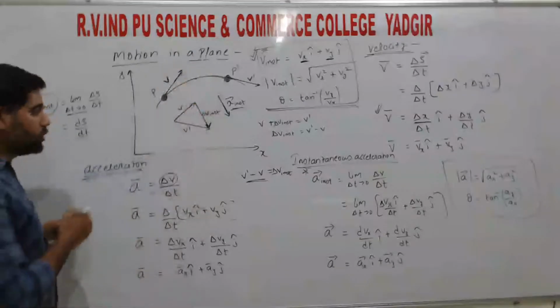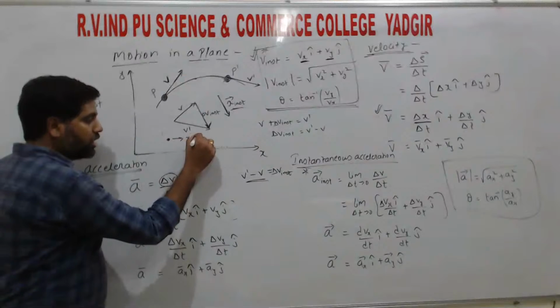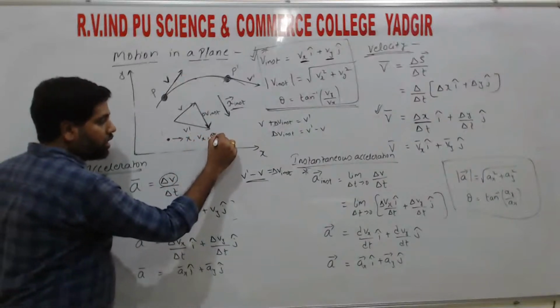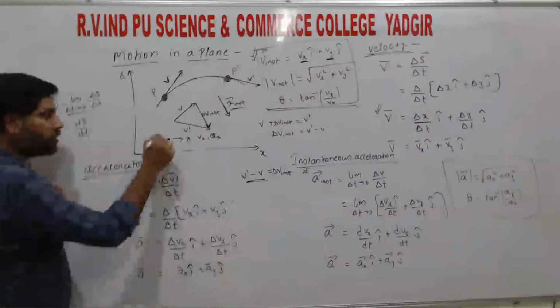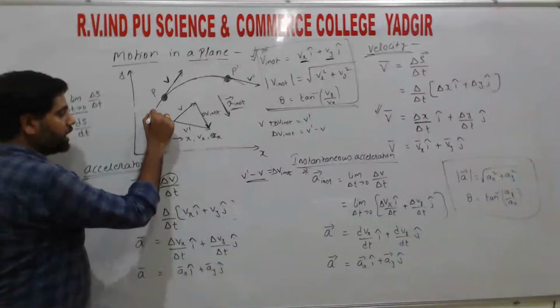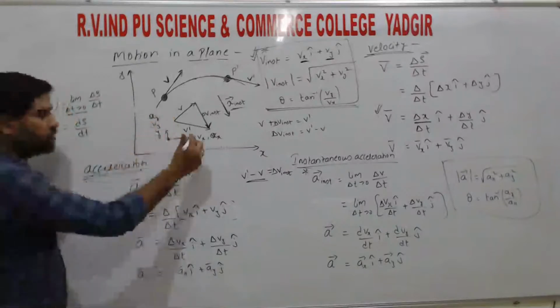So if an object is traveling in a plane, it has horizontal displacement, horizontal velocity and horizontal acceleration. At the same time we get vertical displacement, vertical velocity and vertical acceleration. So we will combine them.